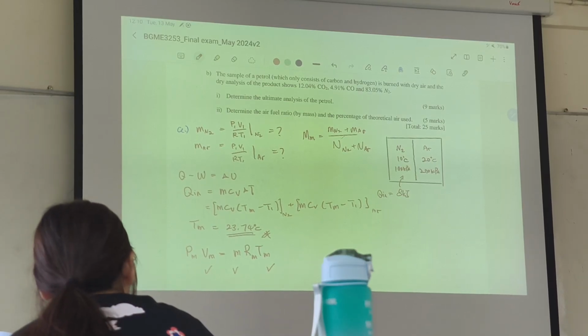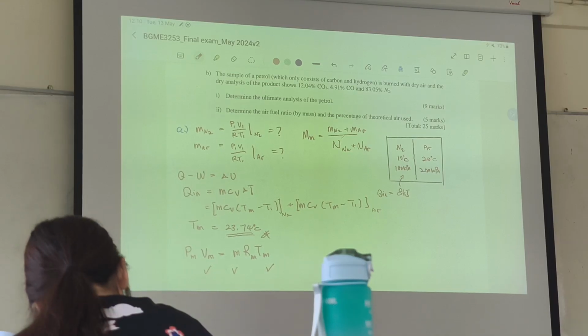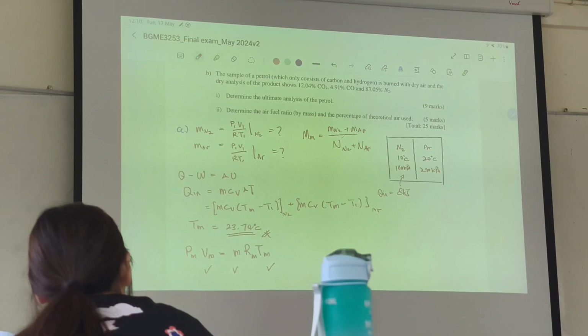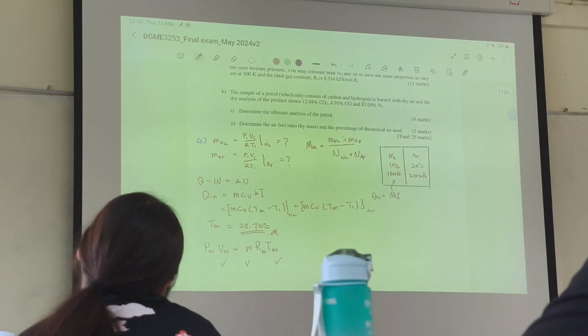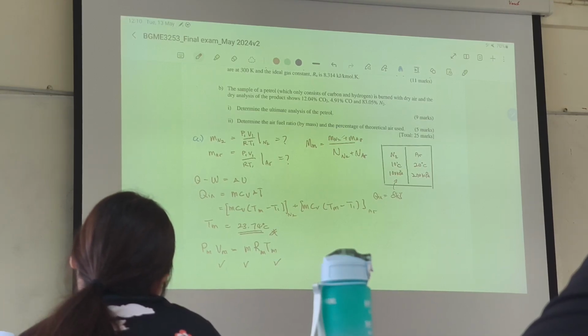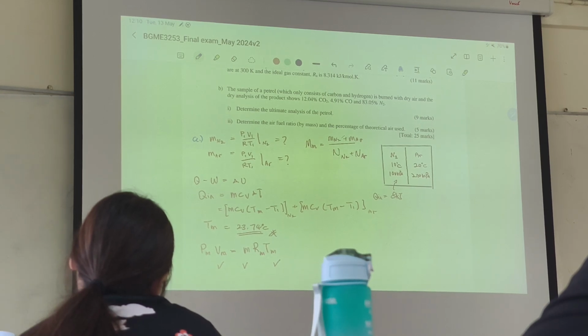So it means that we still need to find the total number of mole here. So don't forget the last thing that the question gives you. And technically speaking, if you find Nm, it's extra work. Why do I say that?